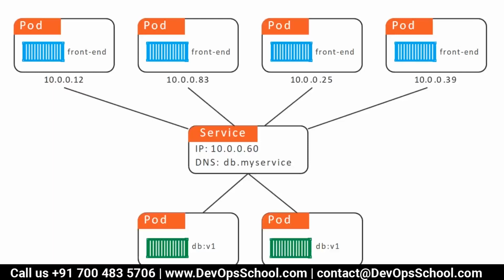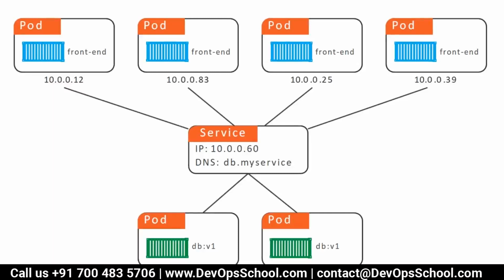So now service is a kind of load balancer, you can say. And service IP address never changes. So service is one of the objects which has properties to load balance a pod. Yes, you have studied, we have discussed pod, replication controller, deployment.